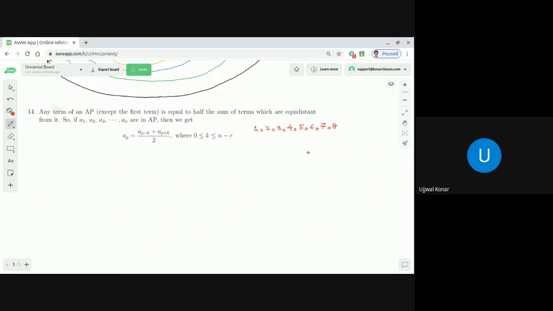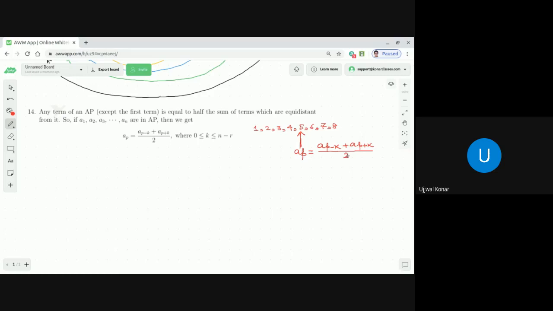Now let's take the number 5 as AP. So according to this, AP should be equal to A of P minus K plus A of P plus K divided by 2.